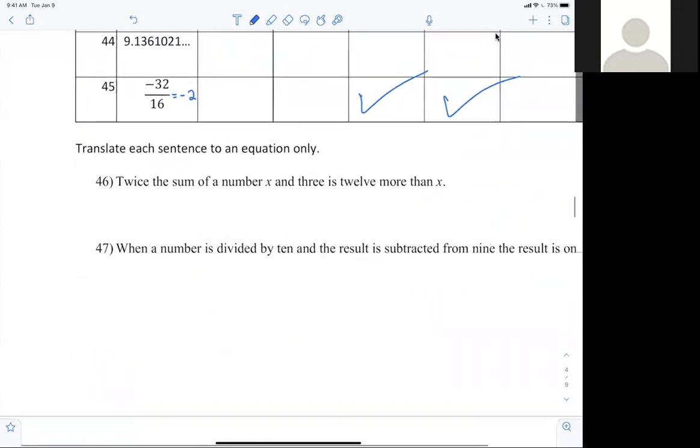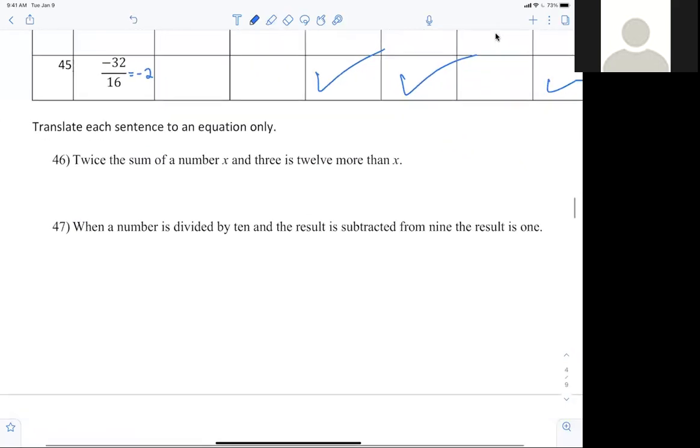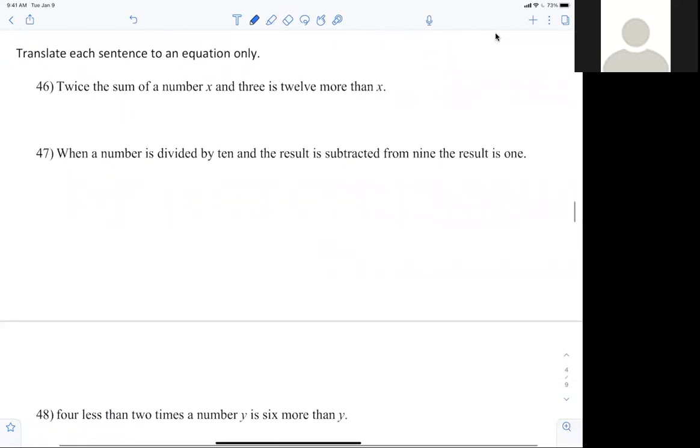Okay, which now brings me to Trey. When a number is divided by 10, and the result is subtracted from 9, and the result is 1. So let's hear it.